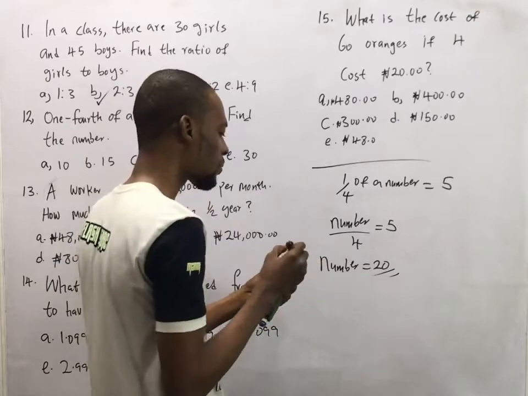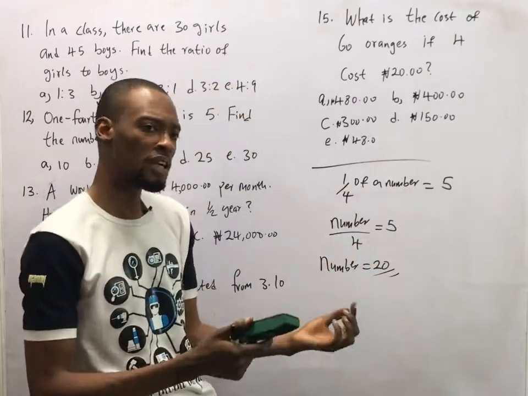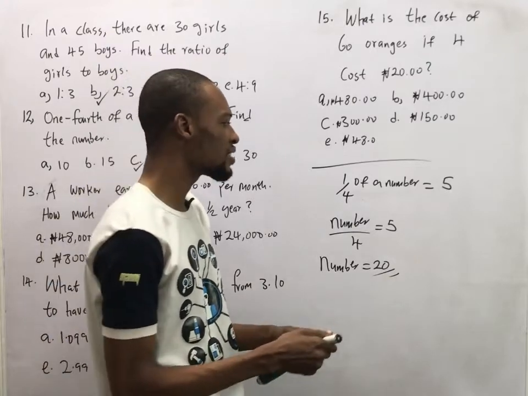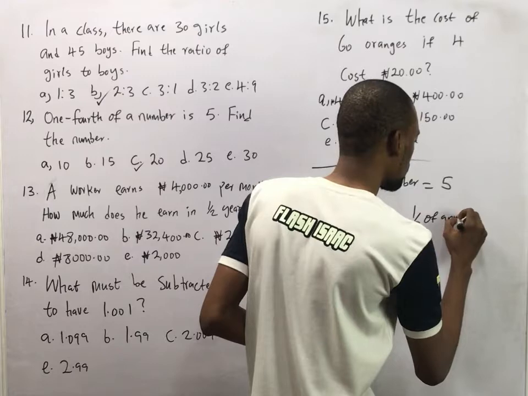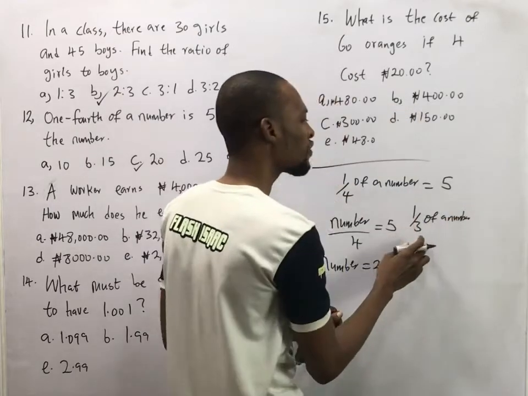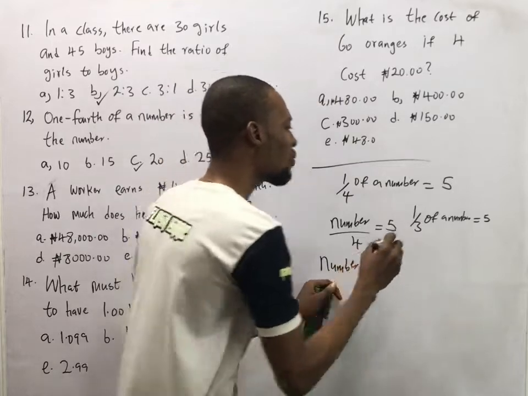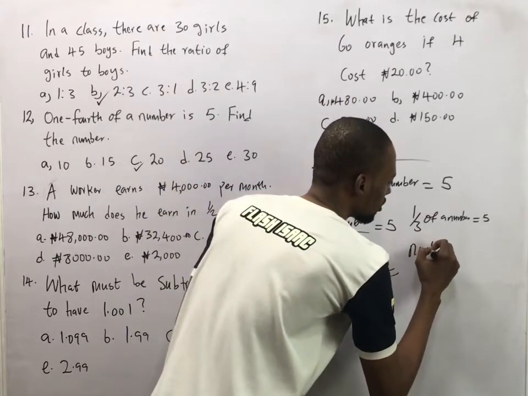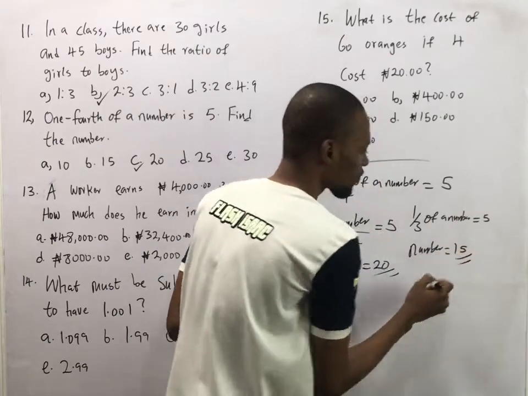That's option C. Now, you can as well say 1/3 of a number. So if 1/3 of a number is 5, for example, then the number will simply be equals 3 times 5. The number will be 15.